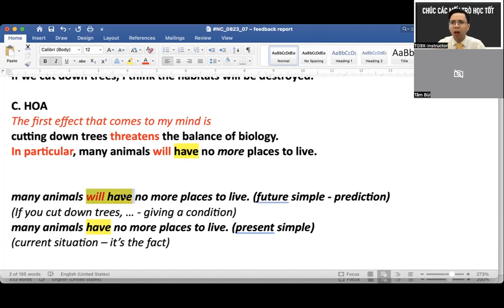That's why you need to use will to show that this is the result, the effect that will happen. But if you say many animals have no more places to live, it's now. It's happening now. Okay. So just a little tip to make your language more natural.